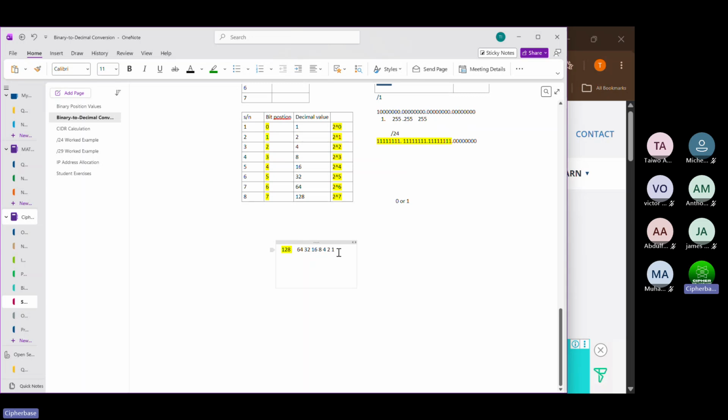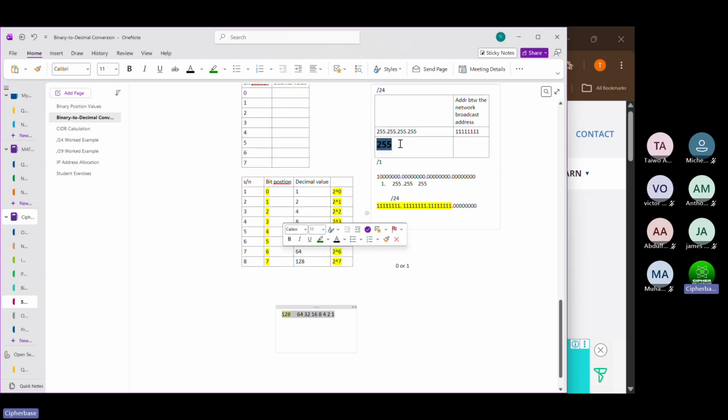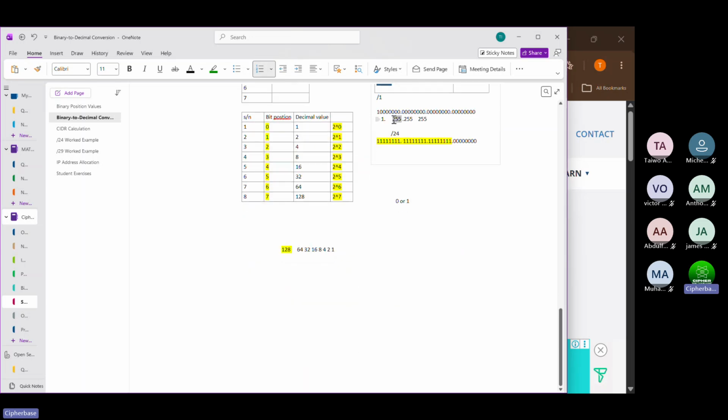When we convert this to decimal, we got this because this is 8 bits from 0 to 7. If you count from 0, you will get 8 values. That's why we convert using this position here, and we got this.